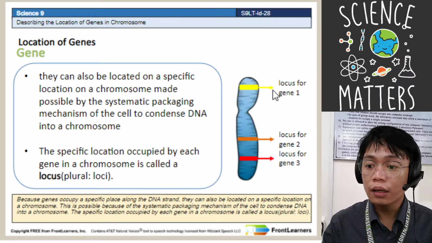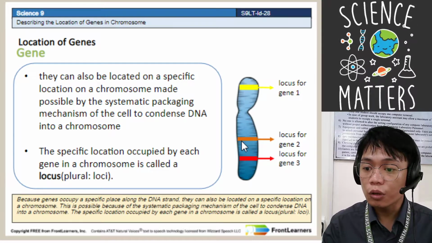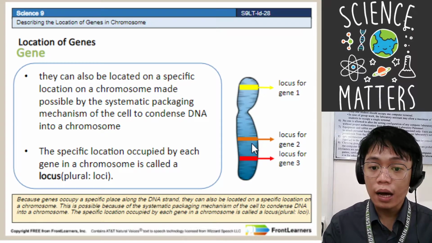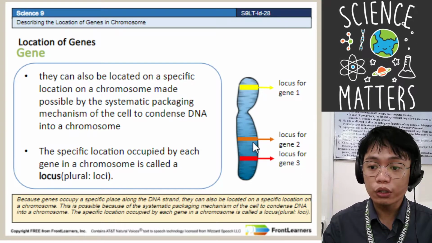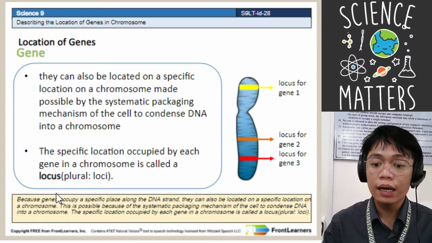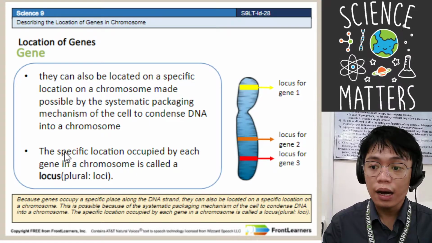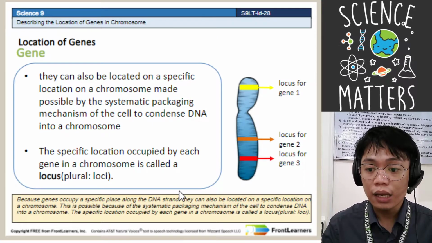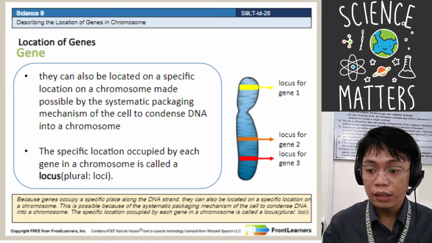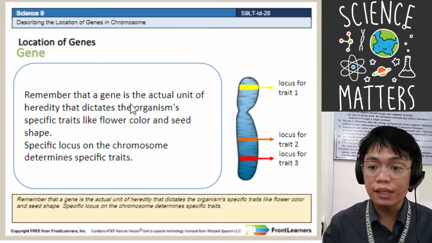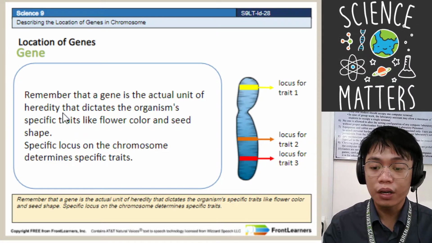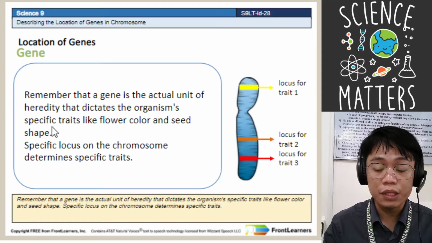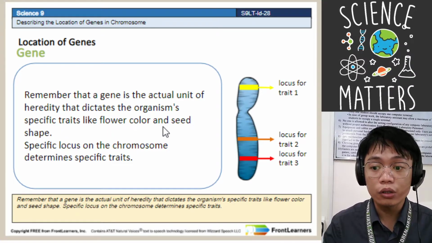So, dito sa part ng chromosome, dito matatagpuan natin yung traits or yung genes na later is madadala nila kapag nagkaroon na sila ng cell division. Okay? So, remember that the gene is the actual unit of heredity that dictates the organism's specific traits like flower color or seed shape.